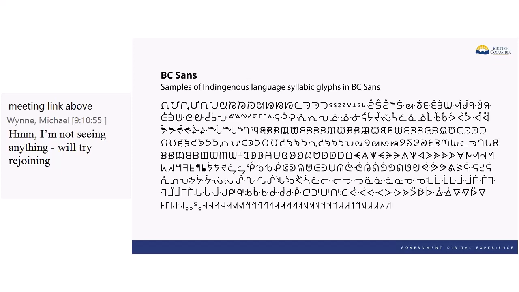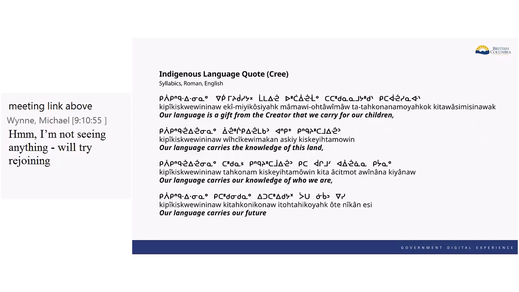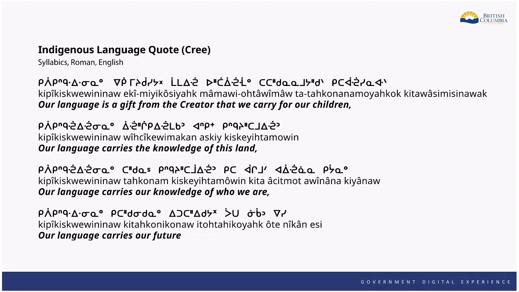This isn't the full range, and there are also a lot of Roman letters that are used. We can see some examples here of the translation of the syllabics with Cree in the Roman orthography, and then in English with the different font weights.